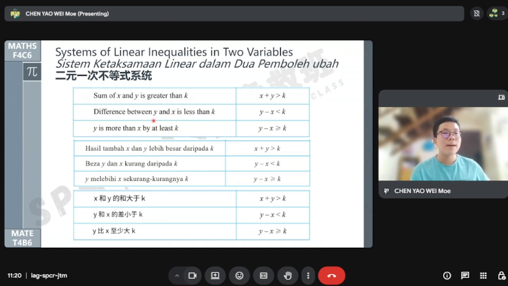See the back part first: at least k means more than or equal to, right? You put it like this, and this part you wait first. You see, y is more than x, so y is larger. So you put y first, more than x. You cannot put the sign like this; you must put another sign to represent the whole inequality. So you can put y minus x because y is larger.